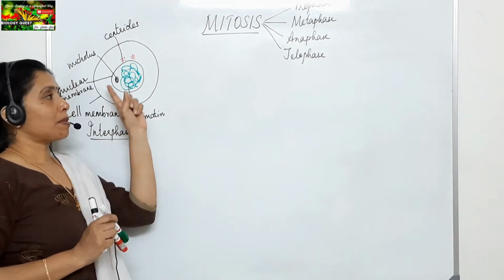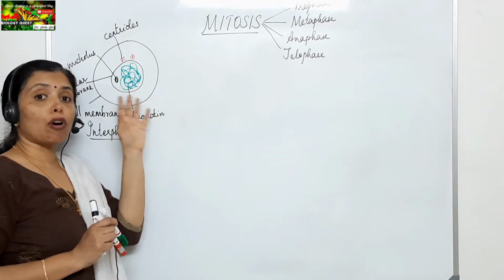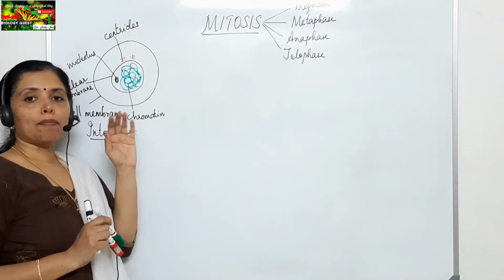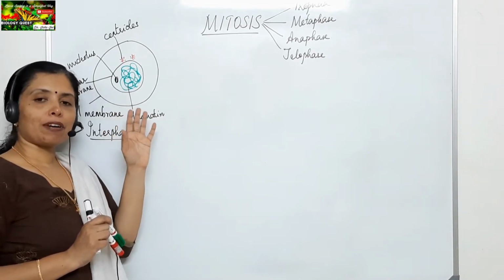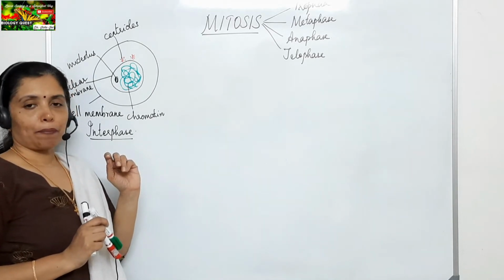The chromatin fibers in the interphase stage, the chromosomes, were in the form of a network of long threads. By the time it enters the prophase stage, these chromatin fibers condense and coil to form the chromosomes.